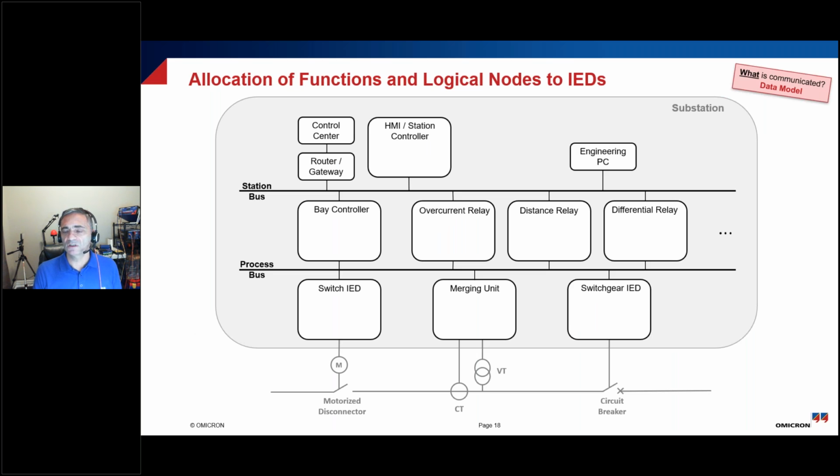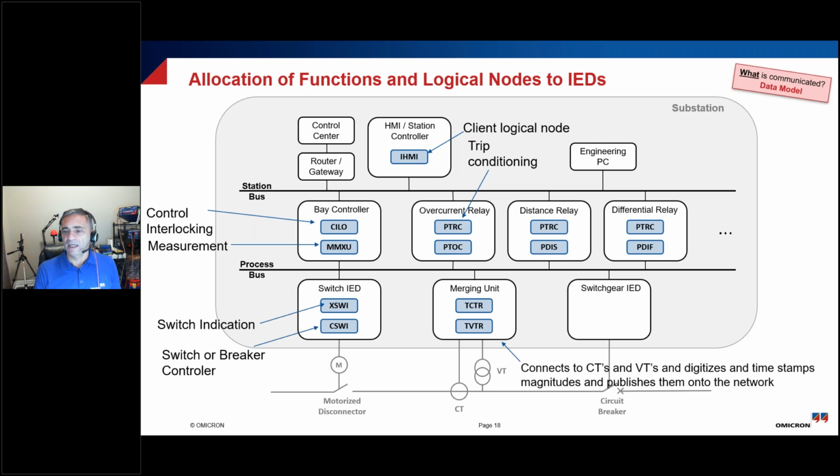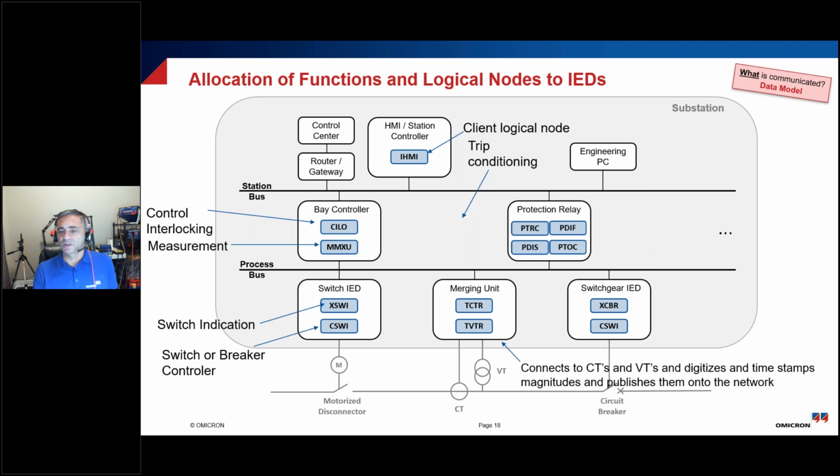If we took a look inside our substation, we would see that different devices would have different types of logical nodes in them, and whether they were a supervisor device, a protection device, or some sort of switchgear device. And of course, those could be merged into a single device.